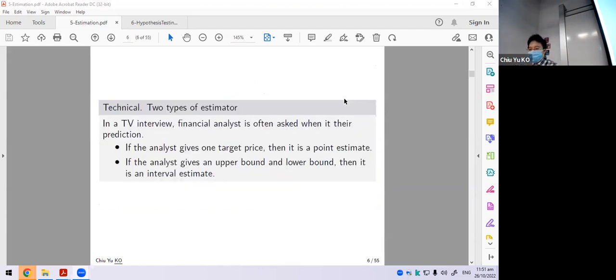So this is also about point estimators and interval estimators, which you also see on TV, especially these days when we have huge fluctuations in the financial market. The financial analysts on TV are often asked by the news anchor for two estimates. They'll be asked what the target price is, and they'll give one number, say the target for the Hang Seng Index today.